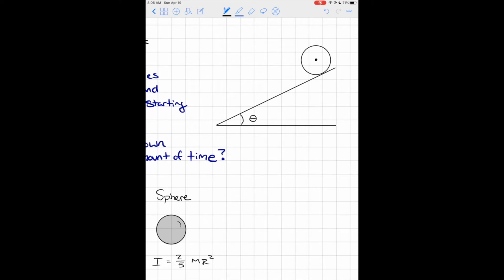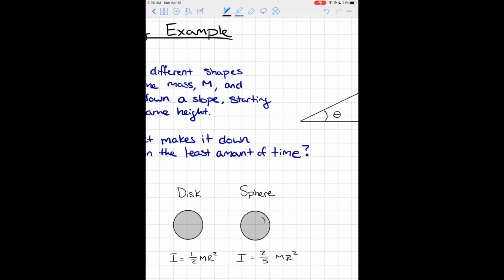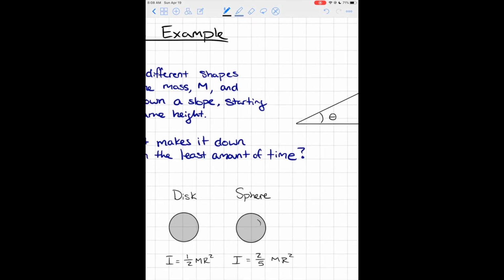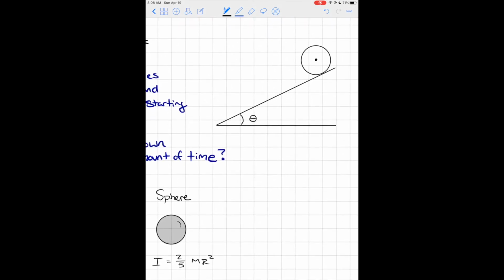Since they all have some sort of roundness to it, whether it's a sphere, a disc, or a hoop, they're all going to have a pivot point where we touch the surface here. So this is going to be our R. And then, of course, I have my force of gravity, Mg. Let's use big M since that's the total mass.